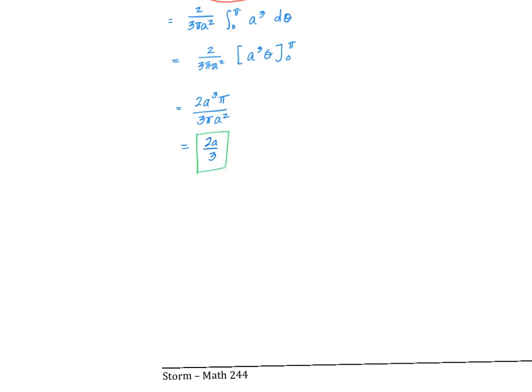So that means for any radius a, the average distance between points from the origin to any point within that half circle is going to be 2a over 3. Okay, so fun problem to end up with. Anyway, that's it for this section.